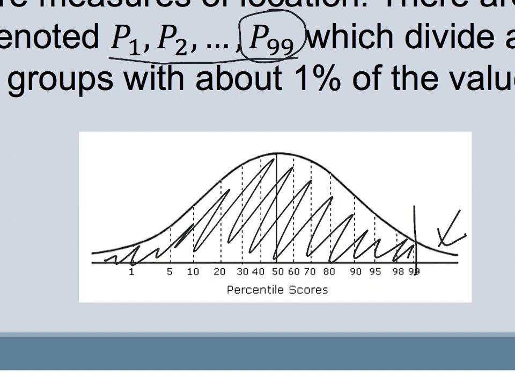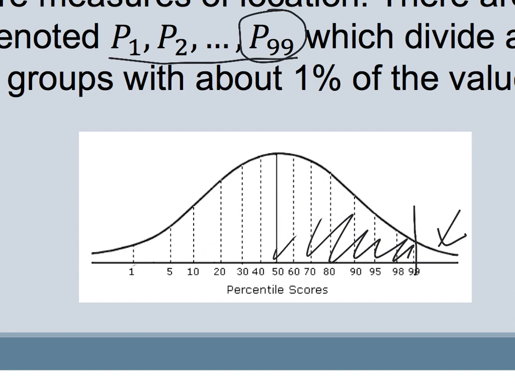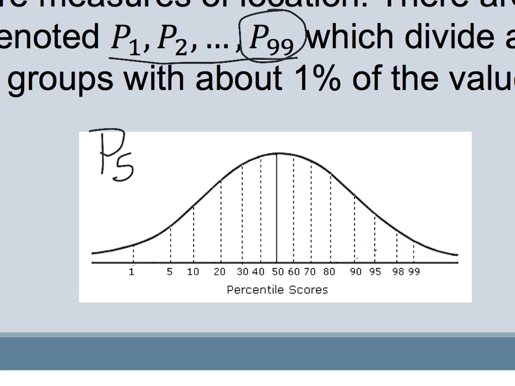Okay? So if it gave me something more like a P of 50, that means I'm right here in the middle.